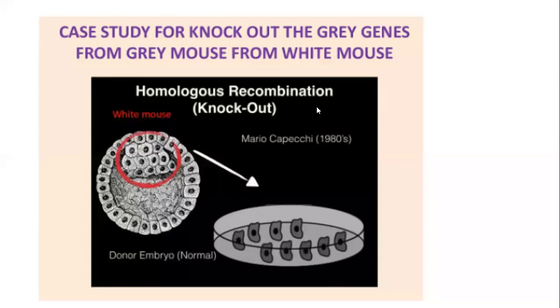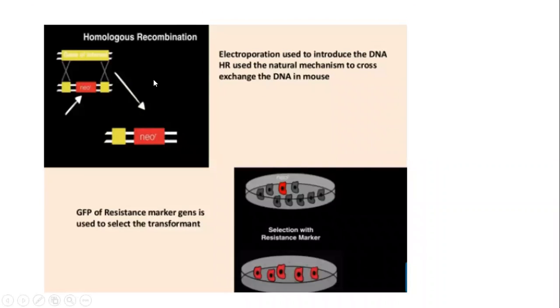Okay, now in these cells you have done homologous recombination, neomycin आपने यहाँ पे एंटीबायोटिक डाल दिया. So resistance towards the neomycin. So it means that when we put these cells in neomycin media, the only cells which are resistant to this, like जिसके पास recombination हुआ है, so it has got the neomycin resistance gene, only those particular cells are going to survive. So we are going to select those cells only.